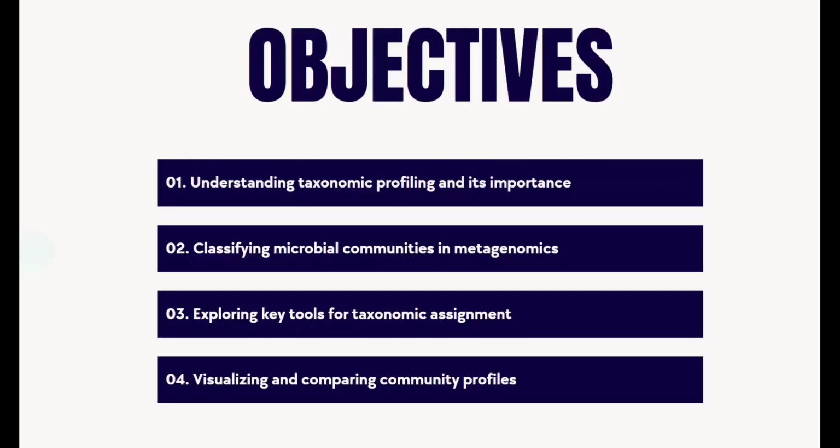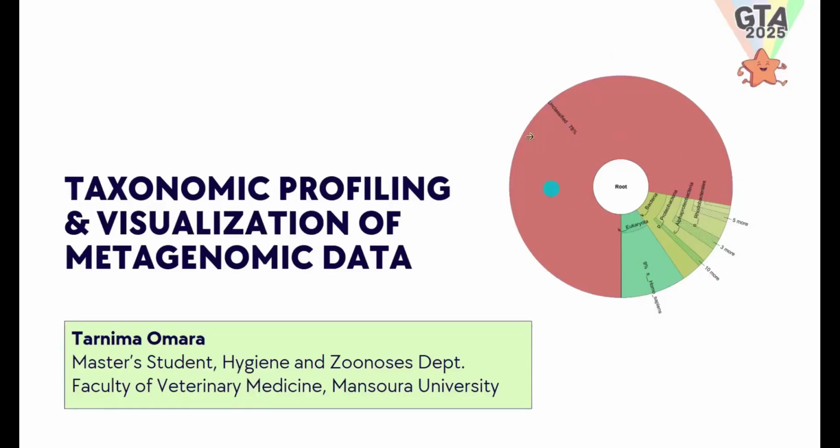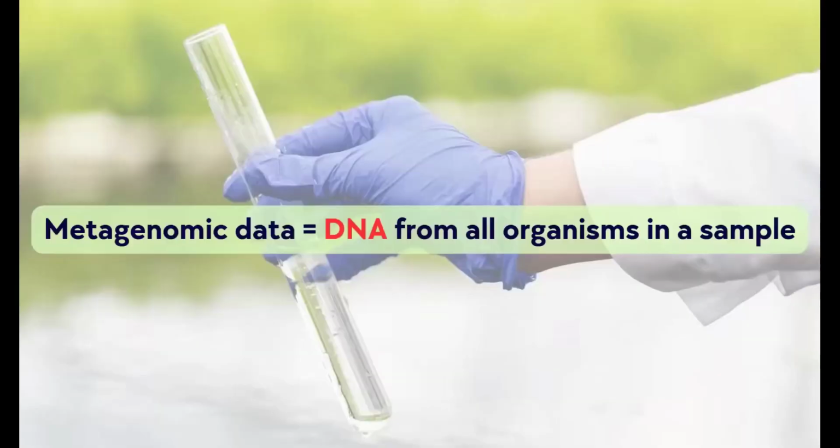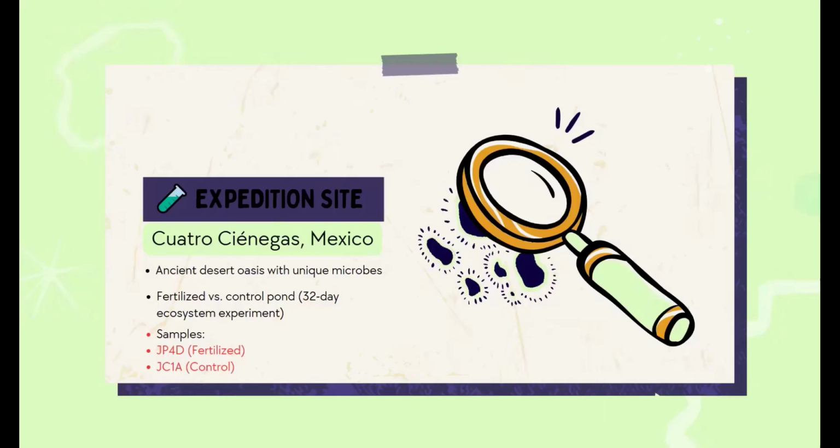This is Krona output. Krona turns our results into a beautiful interactive chart, and we can explore from big groups like bacteria to specific species like, for example, E. coli. And we can zoom in and out. It's great for seeing and sharing what we found.